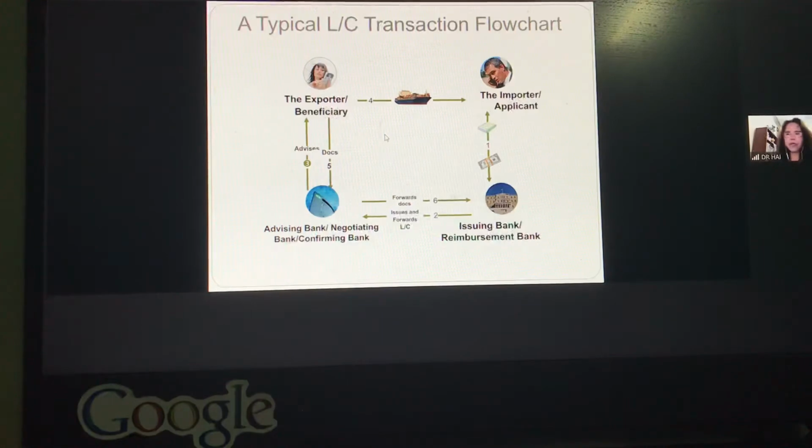So, Miss Ngọc Nhung said that the importer needs to check the reputation of the exporter, right? We have a lot of different ways to check the reputation of the exporter. And like Ms. Nhung said, the importer needs to discover the exporter to make sure that the exporter is good enough to do business with.